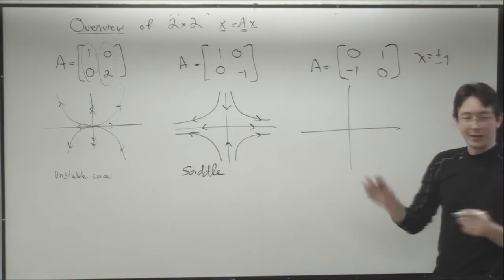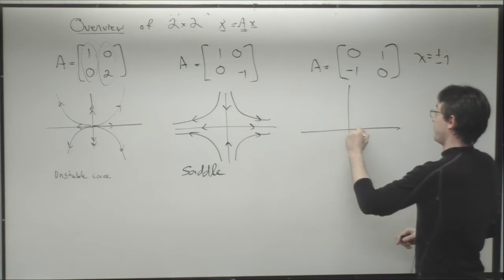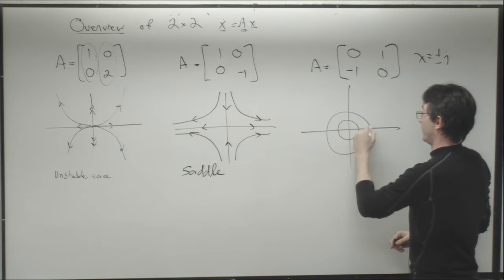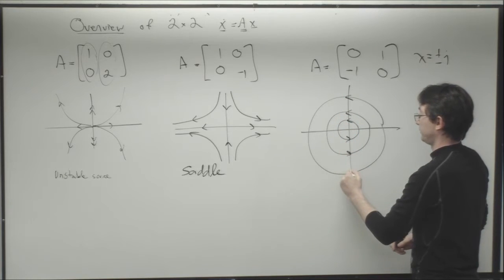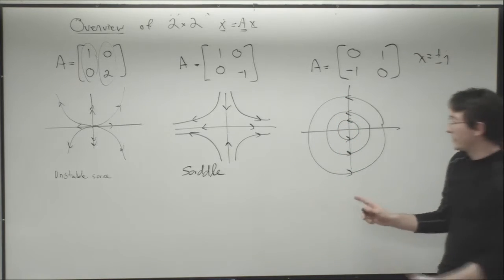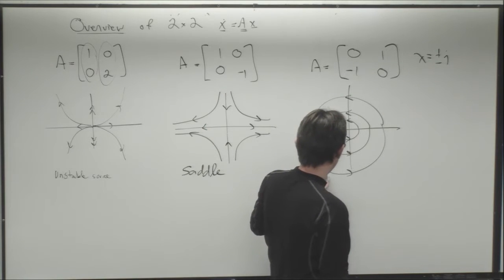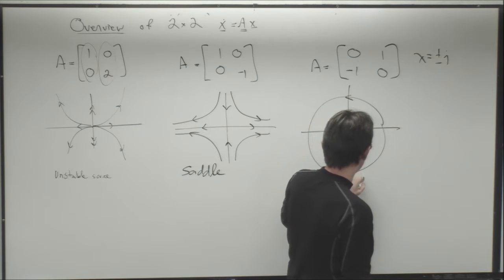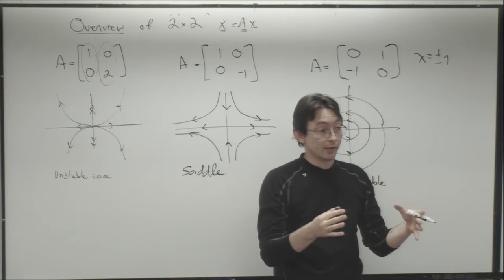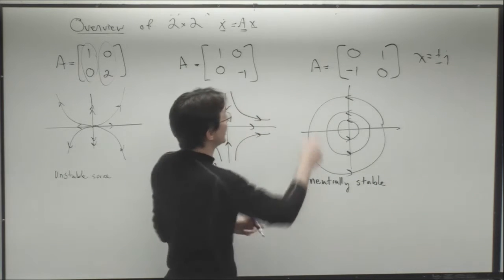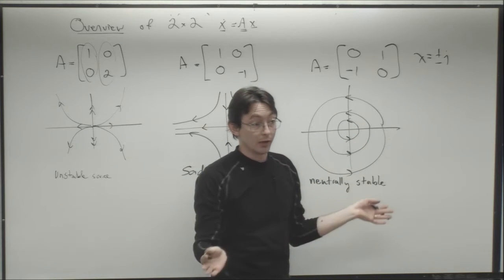Let's not think about the eigenvectors for now, but basically the whole plane, both the x and the y directions, are stable. And so I get these closed orbits, where if I start with a given radius, I keep that radius forever. This is kind of stable. We call it stable, but it's really neutrally stable. So solutions neither grow nor decay. They just stay at the same size. If I added a little bit of nonlinearity to this equation, then this could go either way. It could become stable or it could become unstable.